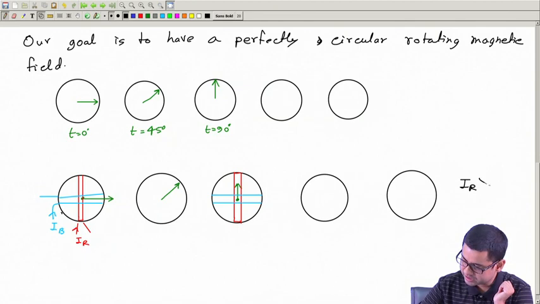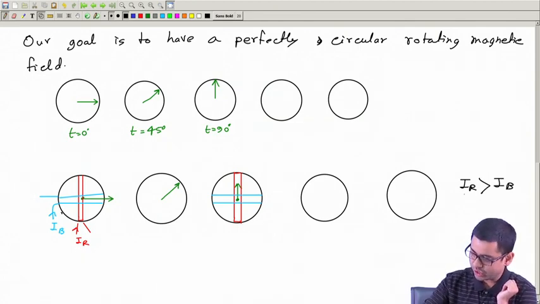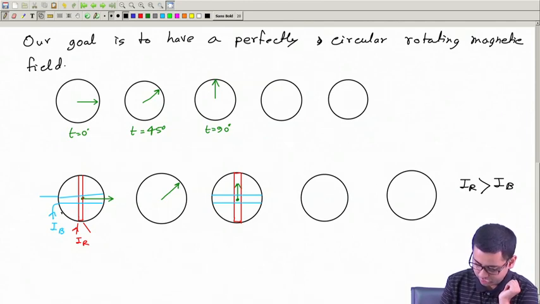if IR is greater than IB, okay, or stronger than IB, so then of course this field, okay, so at this instant red current is maximum, blue current is 90 degree out of phase, so it is 0. So there is no vertical component of the field, and the field is only created by the red current.